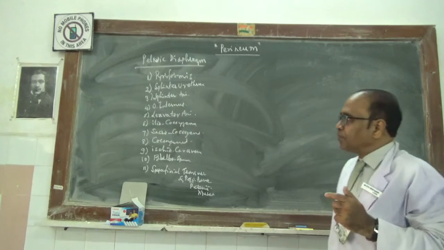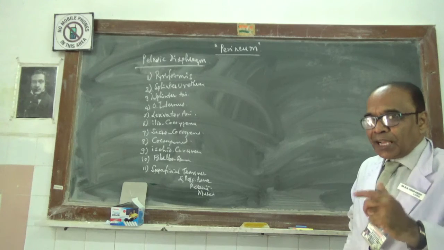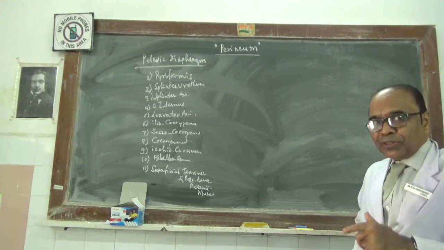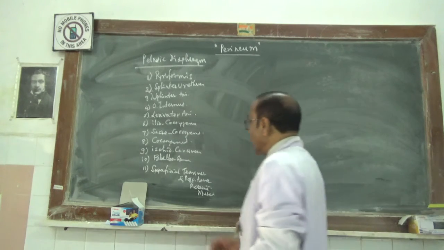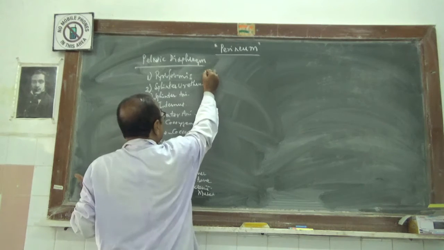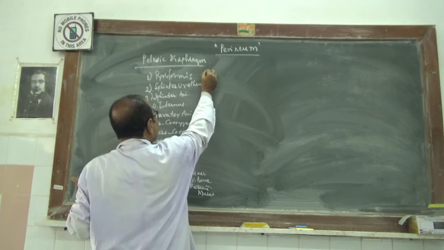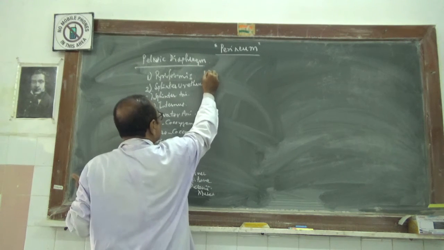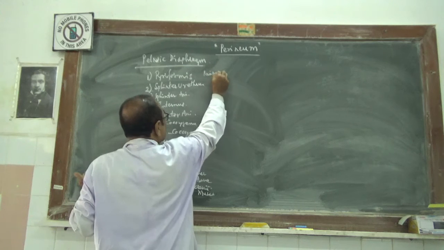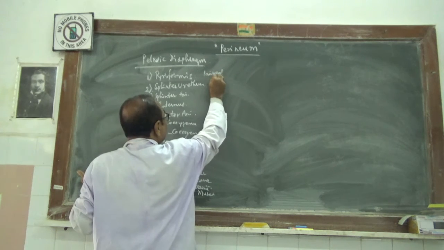This is called the pelvic diaphragm after uniting with the other side in the median plane, and it forms the perineal raphe.